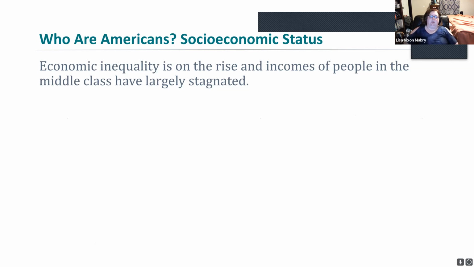A lot of that has to do with the fact that cost of living keeps going up, but incomes are not increasing. People are not making more money to account for the fact that rent costs more and gas costs more and healthcare costs more and milk costs more and all of those things. So we're having a very large problem in that respect.